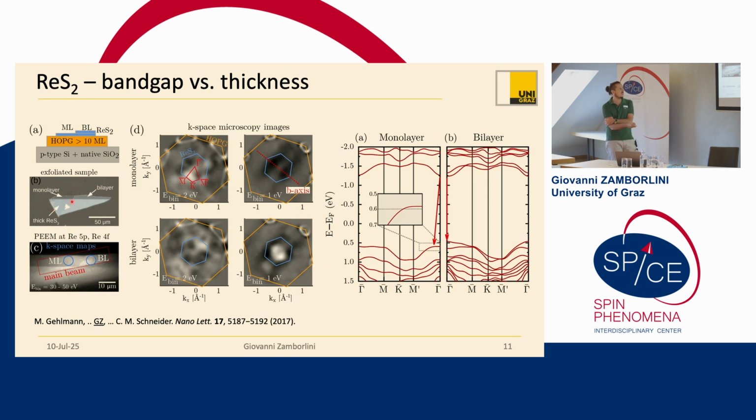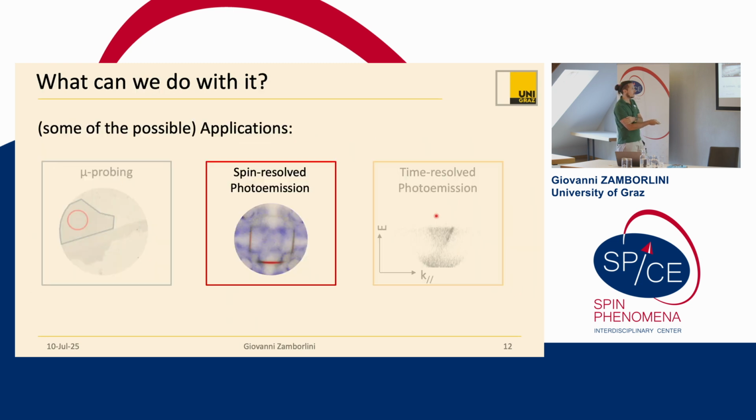And what we did basically was just taking spectra from the bilayer, from the monolayer, and from the bulk. And we compared them to theoretical calculations. And then what they were able to demonstrate is that when you go from the monolayer to the bilayer, in the monolayer it's an indirect band gap, and then in the bilayer it becomes direct. And this is one of the things that this instrument can do.